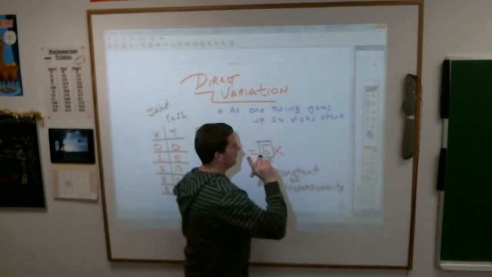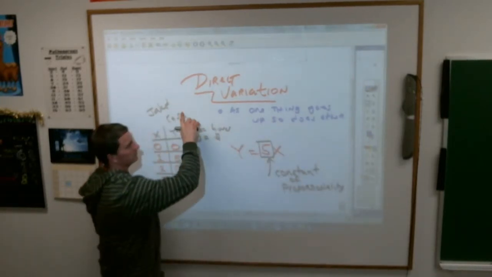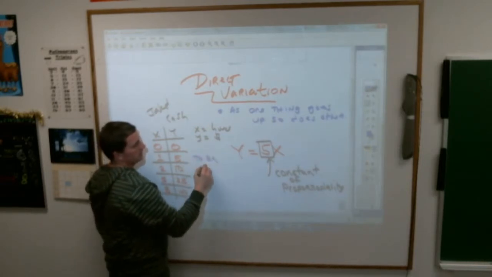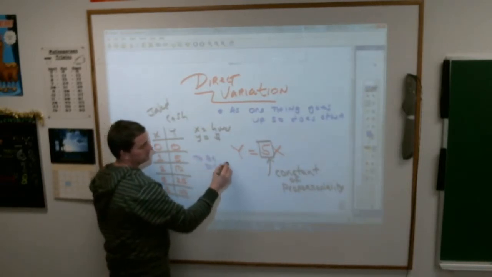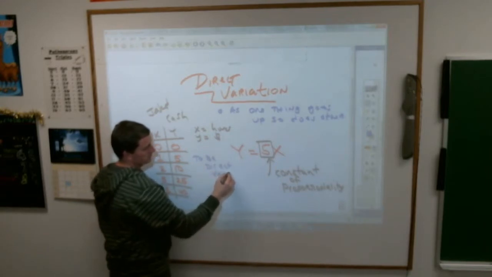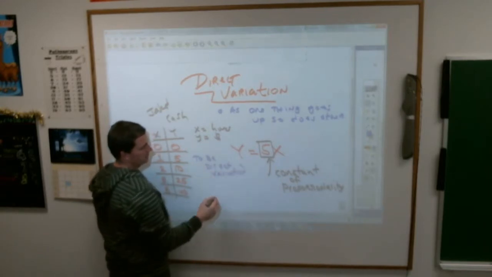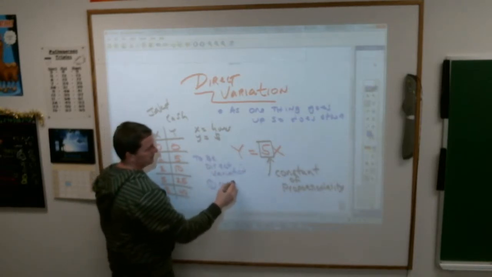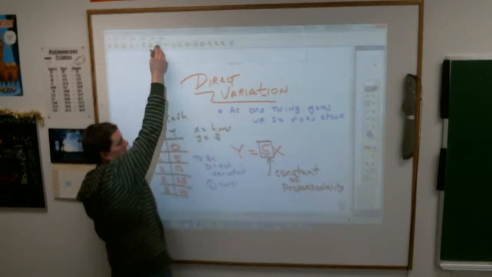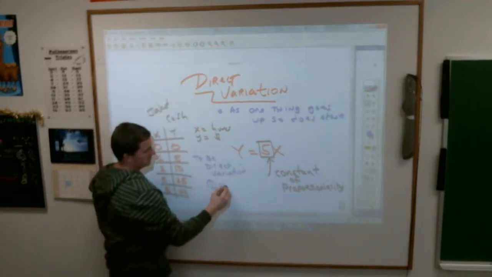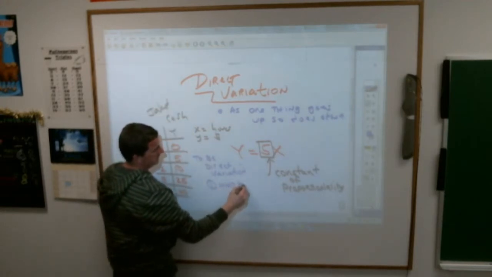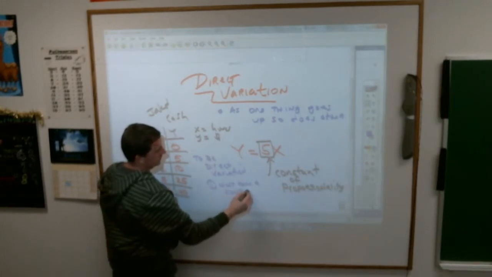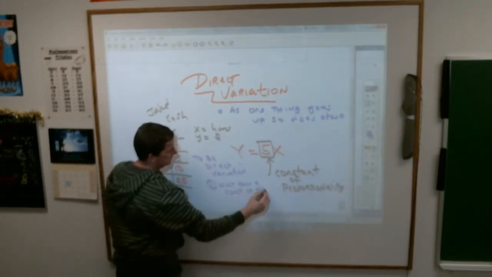Now, in order for things to be direct variation, write this down here. Number one, it has to have a constant of proportionality.